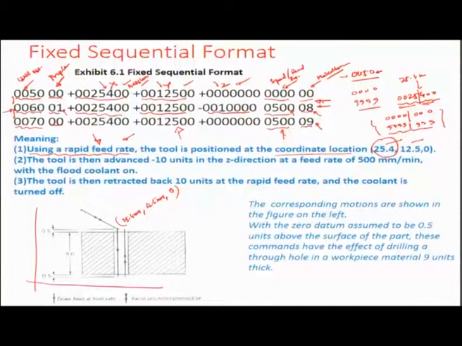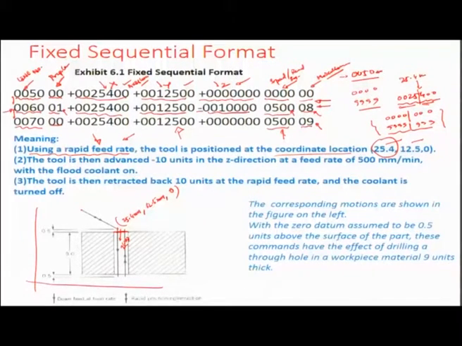So from this coordinate 0000.000, it is going exactly 10 units in the negative z direction. As you know, the z direction corresponds to a decrease in the gap between the tool and the workpiece. So this particular gap which was there from this position to the surface of the workpiece here is now decremented. So this is z negative.